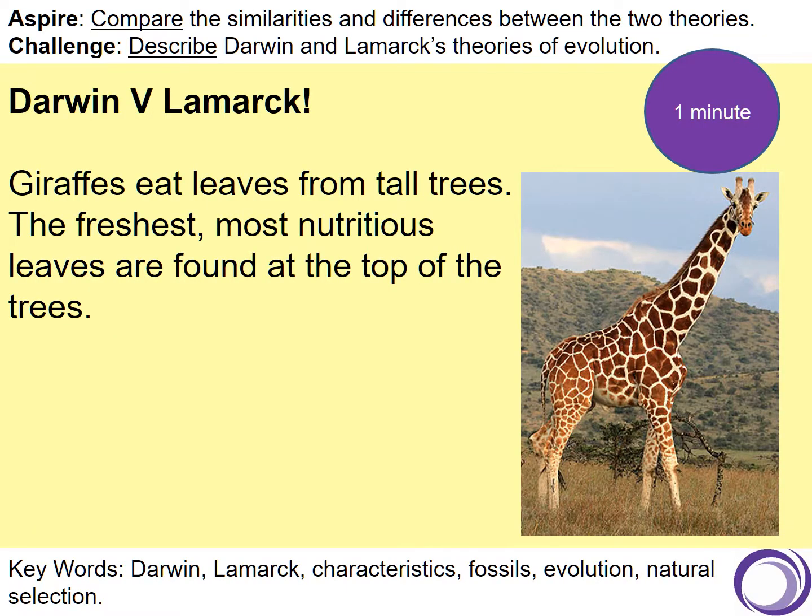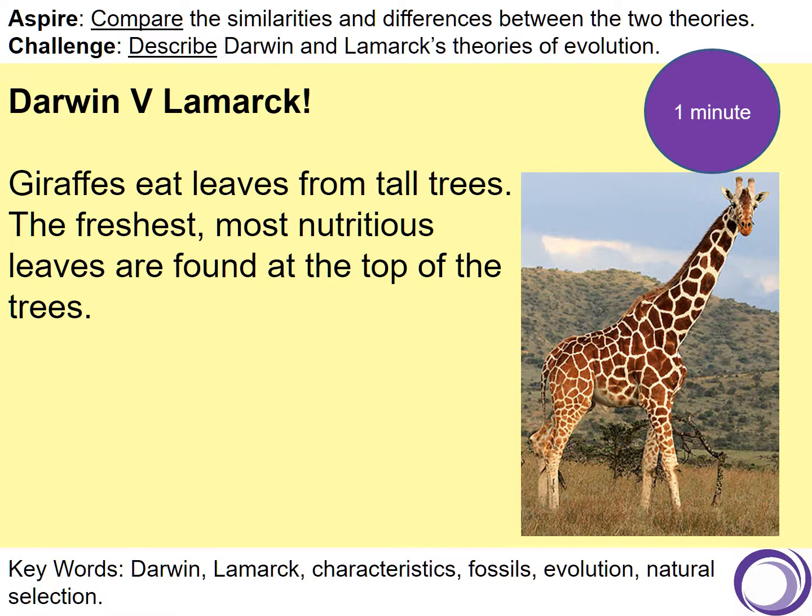So Darwin would say that the giraffes with the long necks survived because they didn't go hungry. So they then reproduced and passed on the characteristics of having long necks to their offspring, and over generations, the offspring evolved to have longer necks.